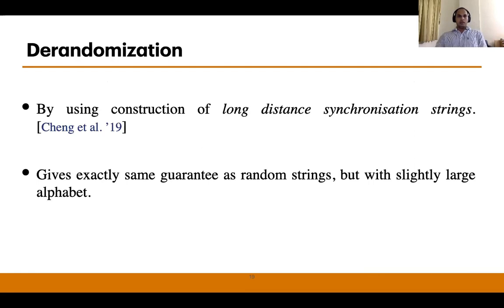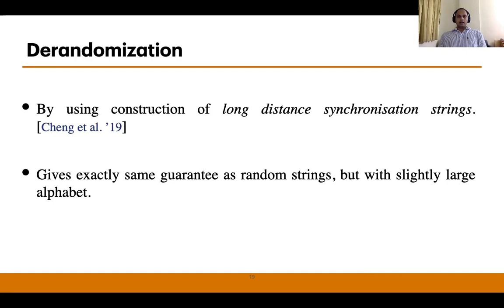Till now, we have only seen the randomized result, and the randomization comes from the construction of strings Si. Now, to de-randomize our result, we use the construction of long-distance synchronization strings.